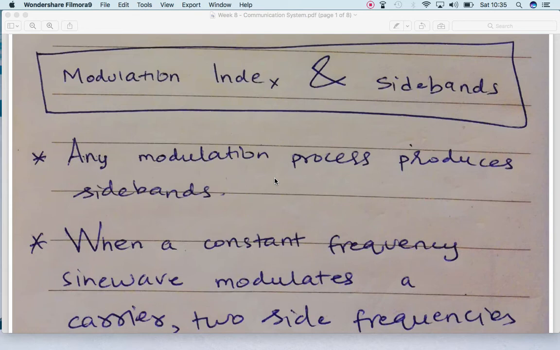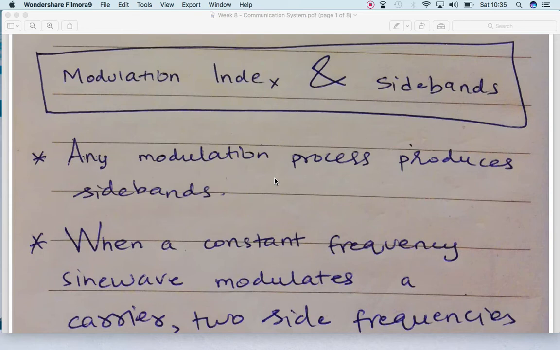And whenever we see the behavior of the modulated signal, which is the output signal of the modulator, in the time domain, then we can see that there is a varying amplitude signal, or a varying frequency signal, or a varying phase signal, depending upon the modulation which we are doing, which can be AM, FM, or PM modulation.